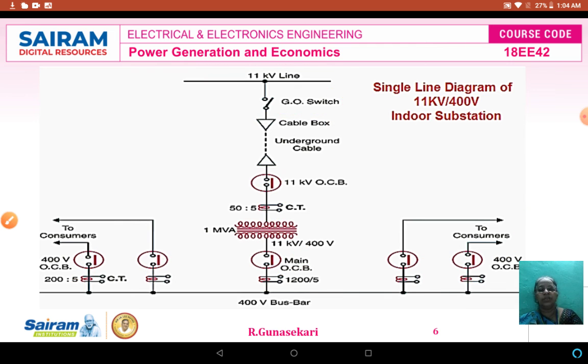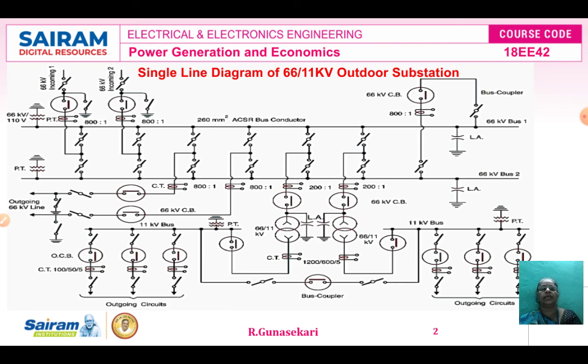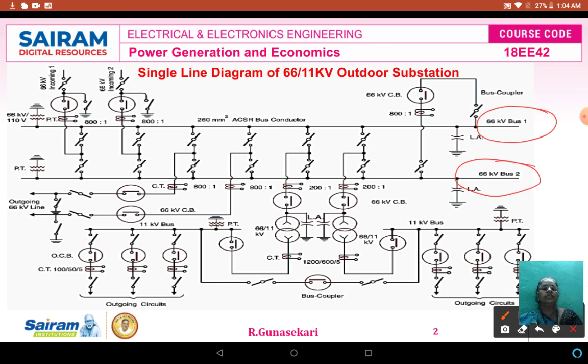Similarly, you can see the outdoor substation single line diagram. Here there are 2 buses, the 66 kV bus 1 and the 66 kV bus 2. This is the main bus, and the other one is a spare bus. The spare bus is coupled with the main bus through a bus coupler. Wherever required, the CT is connected. This is the CT connected, which is very important in the single line diagram of the indoor and outdoor.